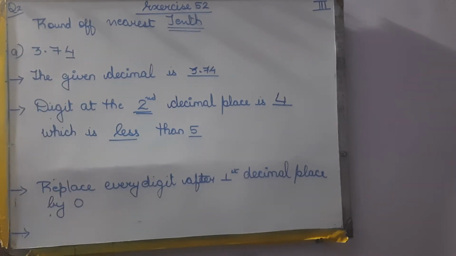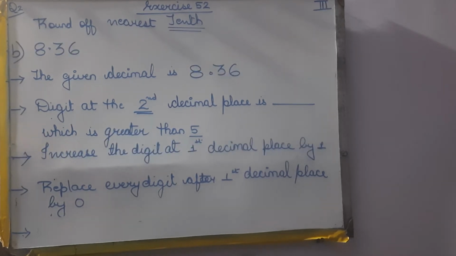Replace every digit after the first decimal place. 3.7 will stay the same, and after the first decimal place replace every digit by 0. So the rounding off of 3.74 will be 3.70. Next one, 8.36. So what is given?